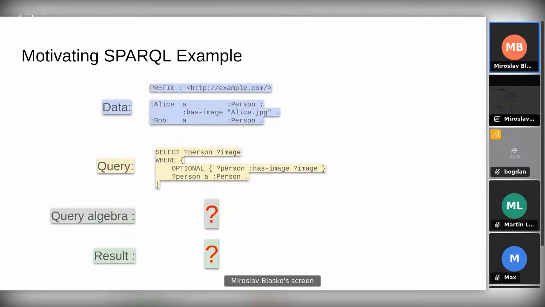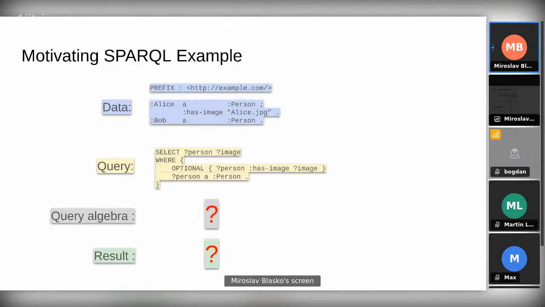We will first translate the query to the algebra, and then we infer the result from that. So we will not execute it on a SPARQL engine, but rather explain how it works through query algebra.